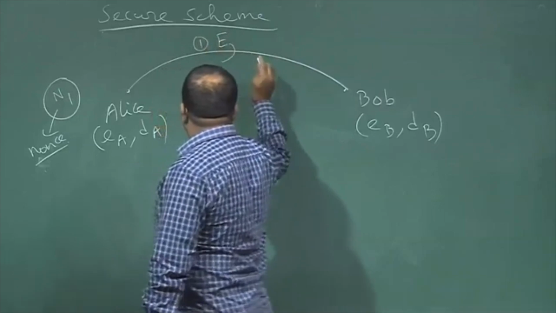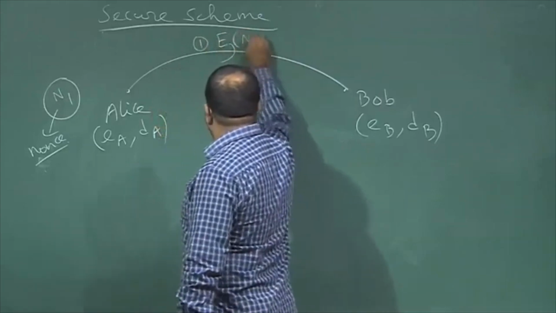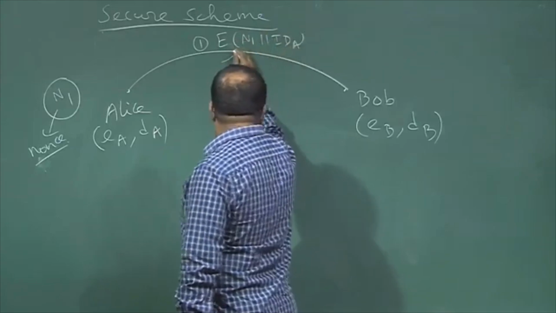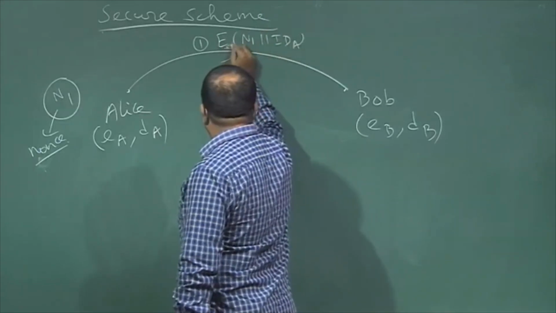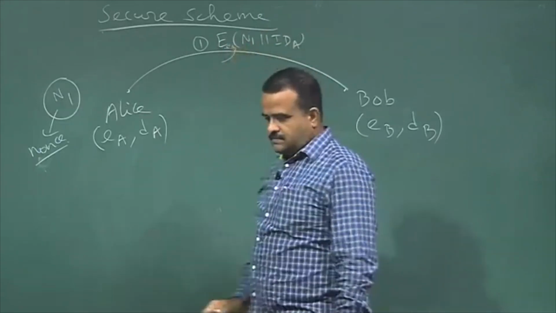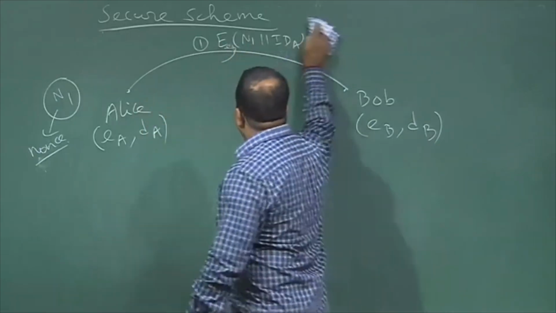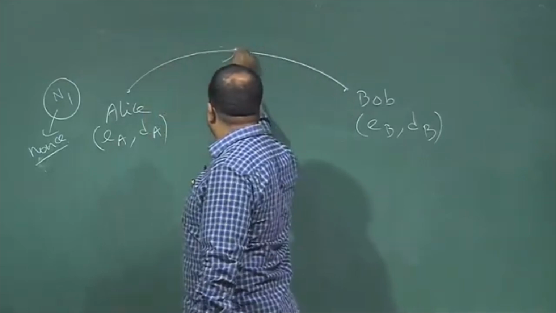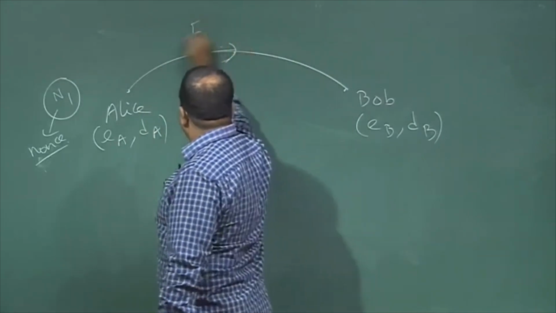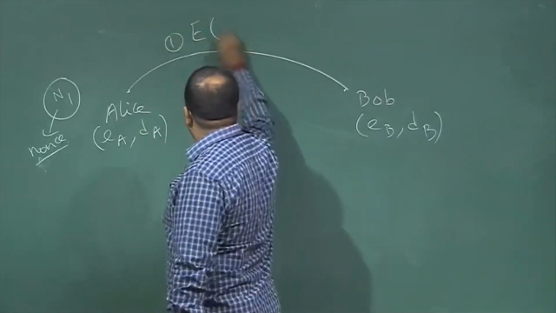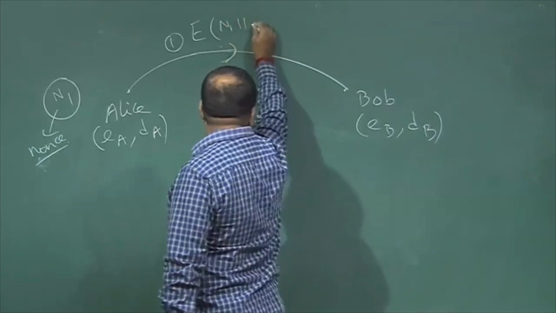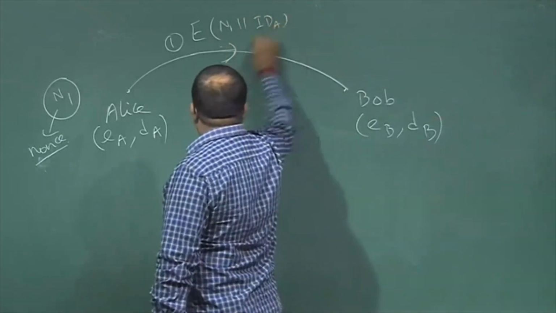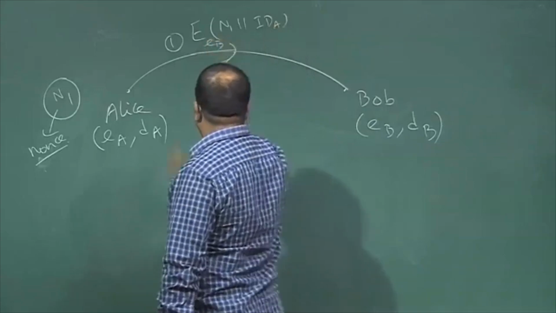Alice is encrypting this nonce along with Alice's identity, the ID of Alice, using Bob's public key E of B.